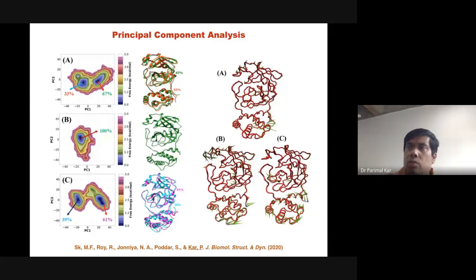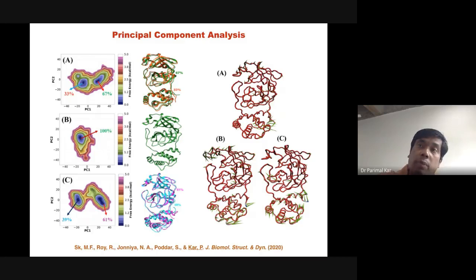The principal components you get by constructing a Hessian matrix and then diagonalizing it. The eigenvectors are your modes, or the principal components, and the eigenvalues are basically the fluctuations, basically how much it can move.